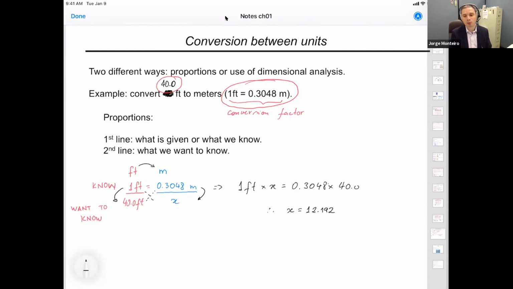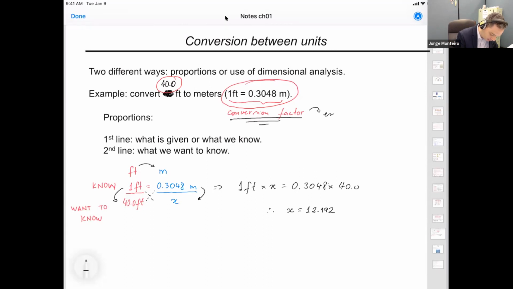However, we need to express this result with the correct number of sig figs. So we have multiplication and division here. Therefore, we cannot have in our result more sig figs than the lowest sig figs in the numbers that participate in the operation. However, every time you have a conversion factor, that is considered an exact number.